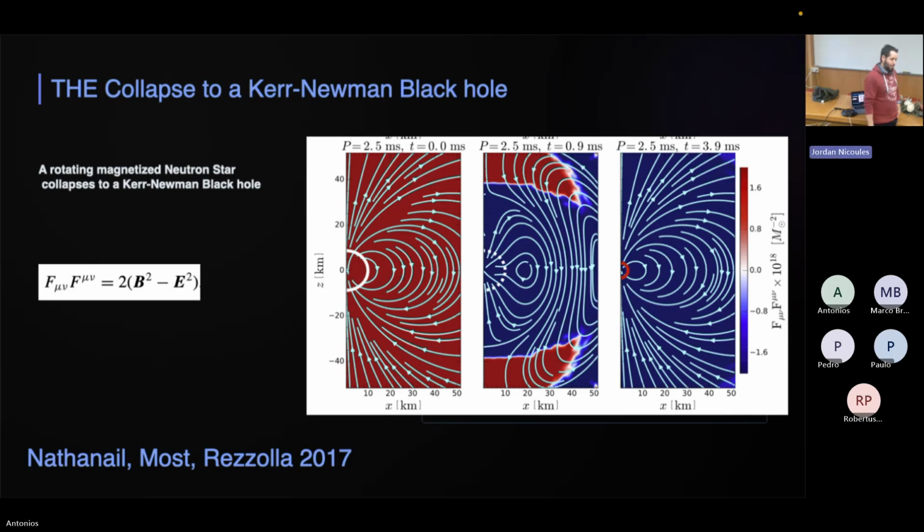But the question is, how do you form it? How do you form it from an initially neutral star? Yes, because the same argument would apply if you start with a neutral star, and then you get a region where there would be an excess electric charge. So if you go really far from everything and you integrate, I think the net charge is zero always, even in this configuration.